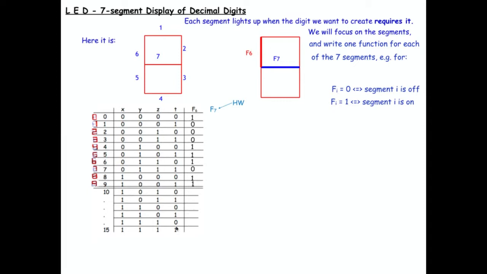But what about the last 6 combinations? What should I fill these 6 squares with? Can we just fill them with zeros? I could fill them with zeros, yeah. Could I fill them with anything else?